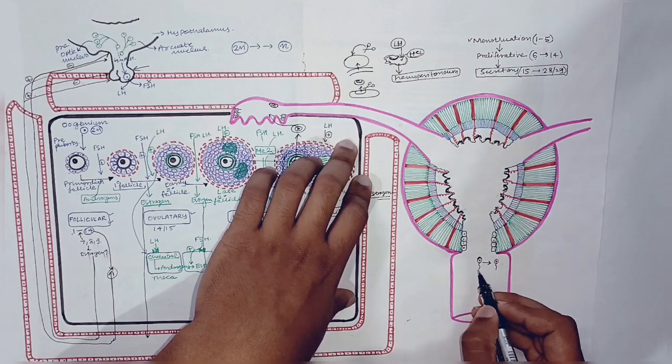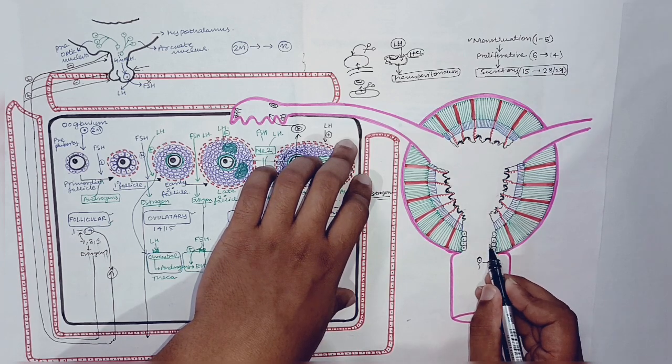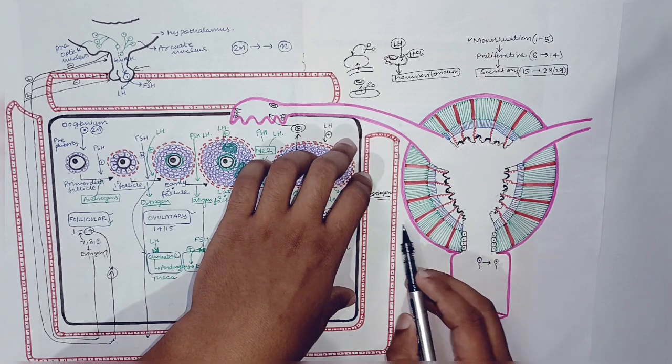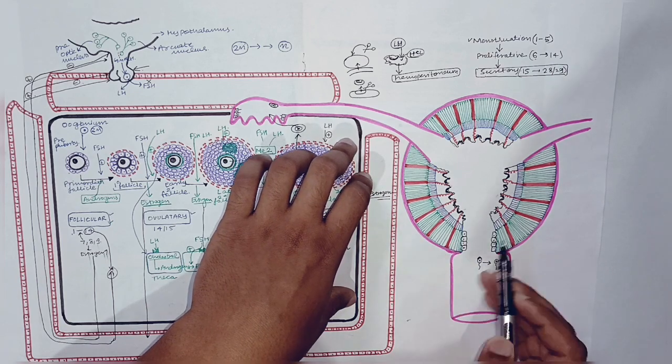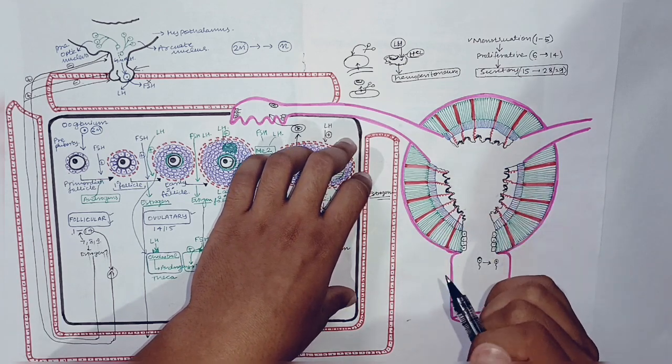Now this is the basic of capacitation, and this is actually done by the chemicals released from the cervix, and this is induced by the positive signals of the estrogen levels. Now this all is happening in the proliferative phase.